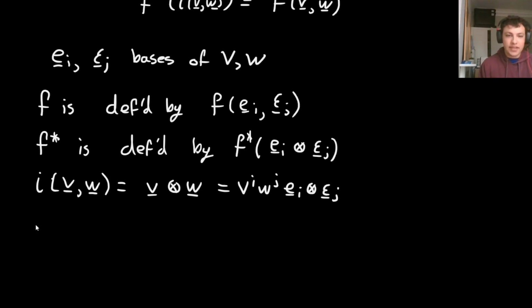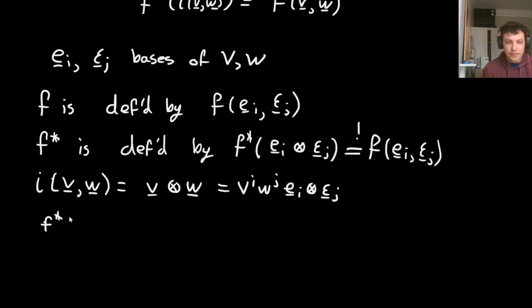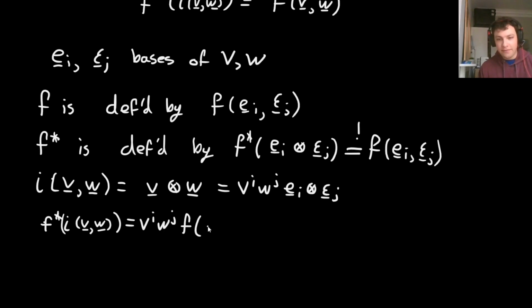And if we define this as equal to f of e_i epsilon_j, then that completely defines everything, and we find that f star of I of v w is f star of this thing. These just fall out because it's a linear map, and then we evaluate it on these basis vectors, which is f of e_i epsilon_j.